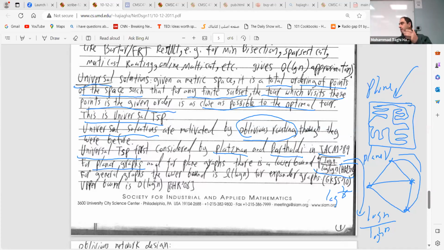That will be the competitive ratio for this oblivious algorithm. And there you can show that log n is the lower bound. So log n is the upper bound for planar graphs, I believe. I think log n or log n squared, but most probably log n. It is in this paper. You can check that.